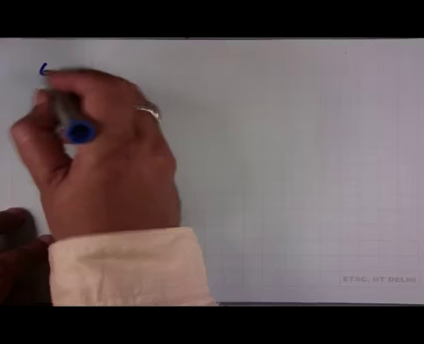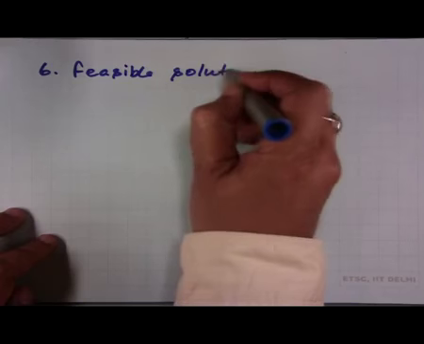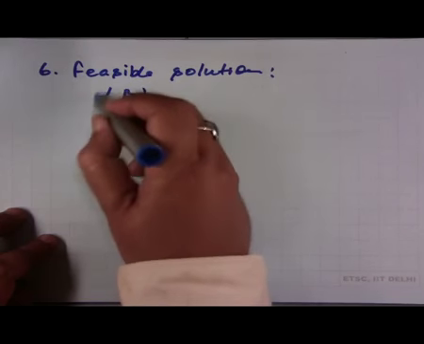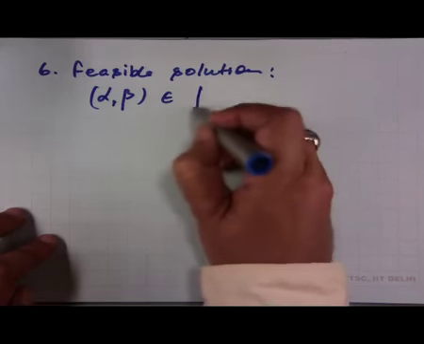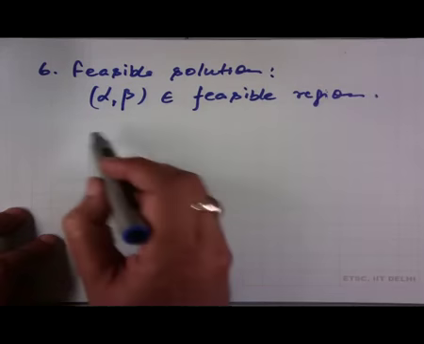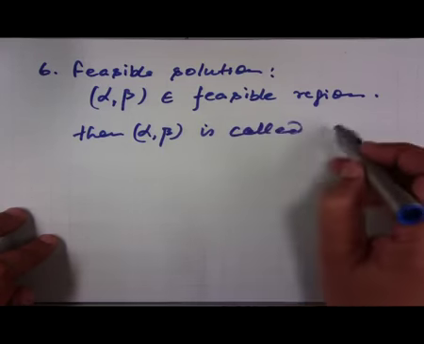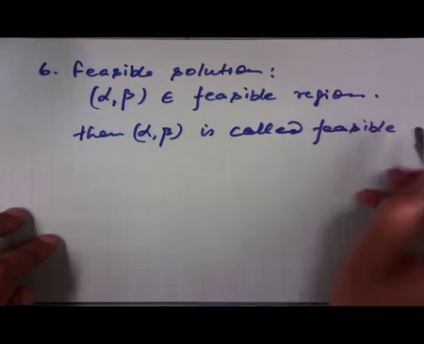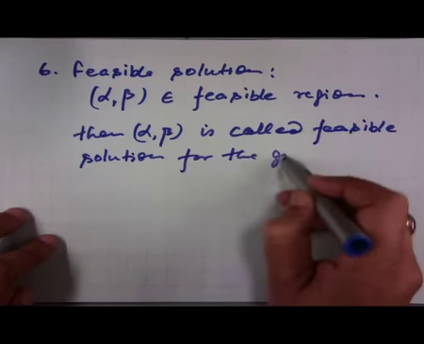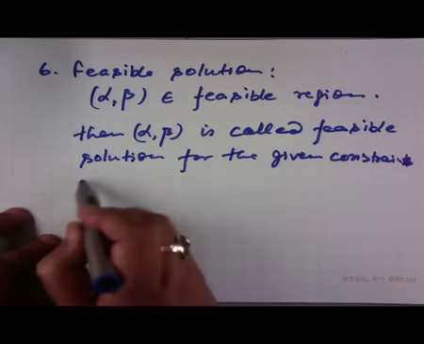So, feasible solution: if alpha, beta belongs to the feasible region, then alpha, beta is called a feasible solution for the given constraints simultaneously.